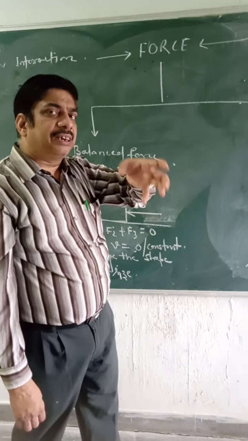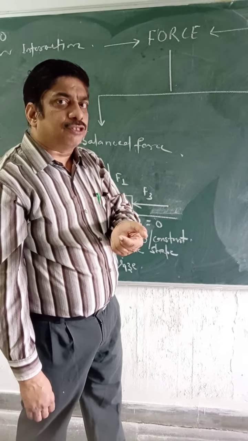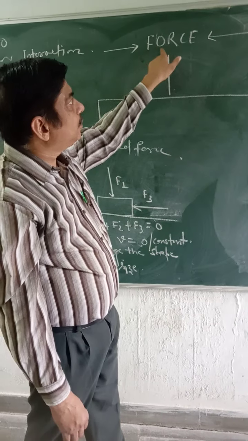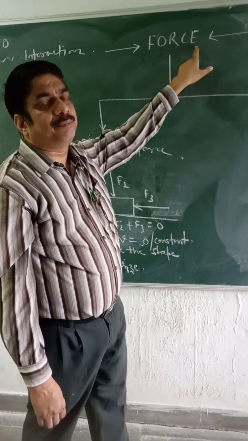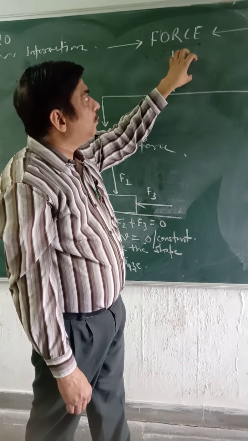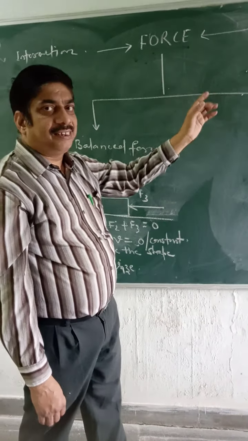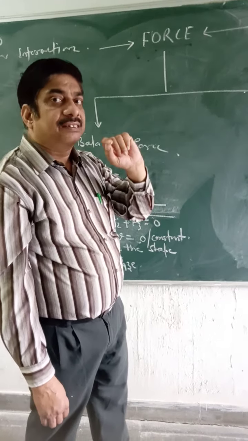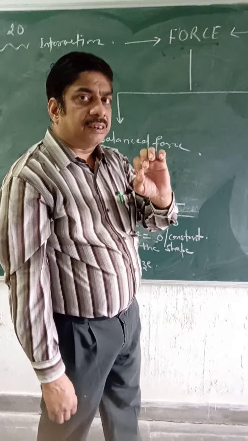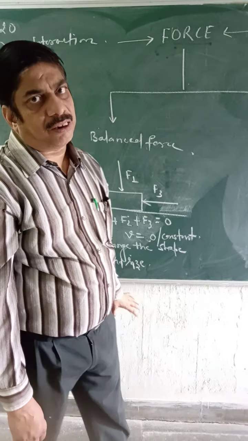So if any one of these three is shown, then we can say that a force is exerted on that particular object. Means force is an external agent which has a tendency to change the state of motion, to change the direction, or to change the shape and size of the object.